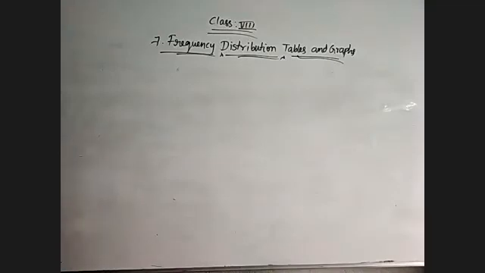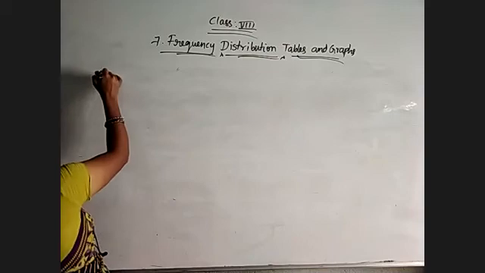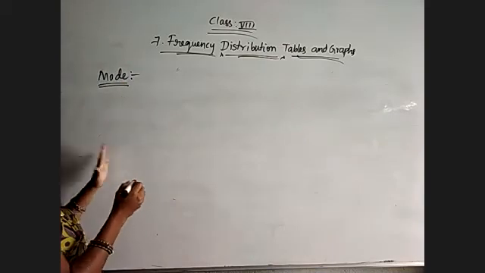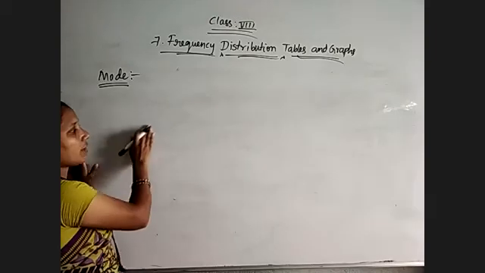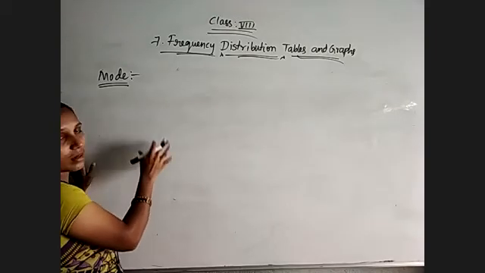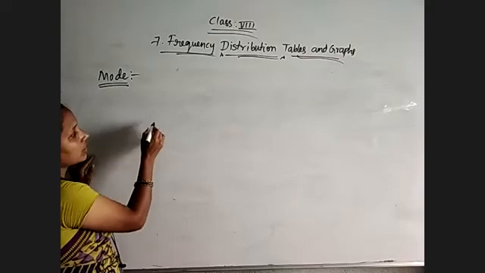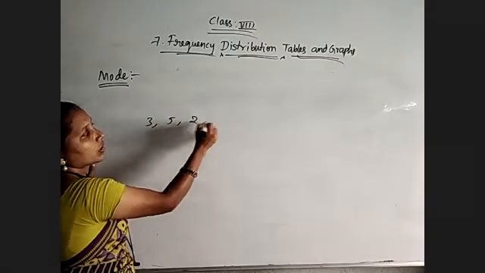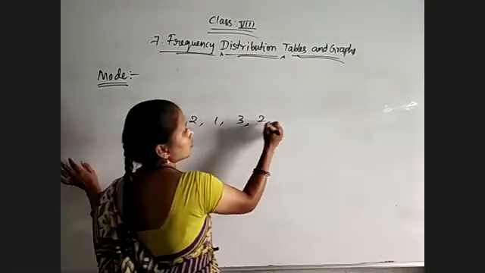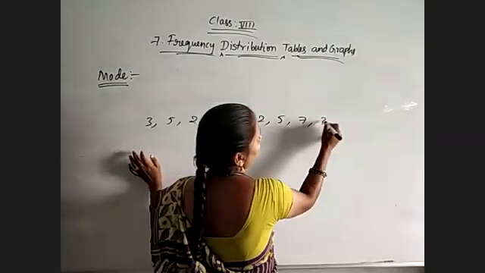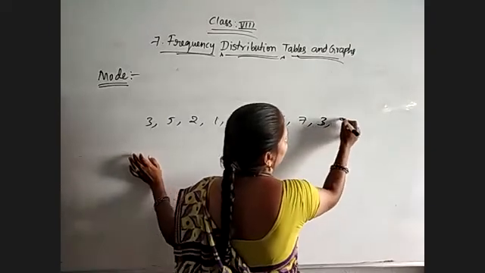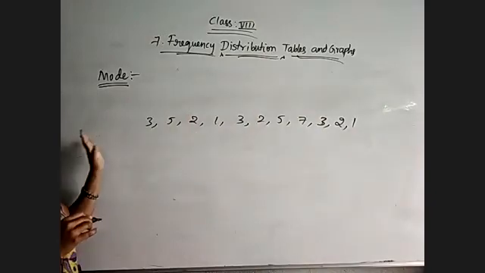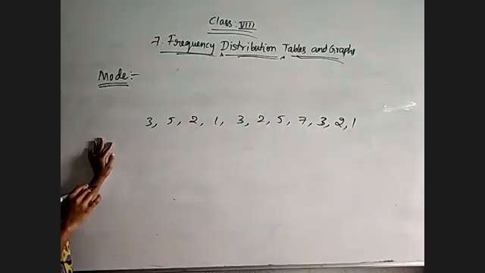And now coming to the mode. I will explain with an example, and we will also see the different properties of mode. Suppose I have data like this: 3, 5, 2, 1, 3, 2, 5, 7, 5, 3, 2, 1. Now, whatever data is given, try to write it in ascending or descending order.